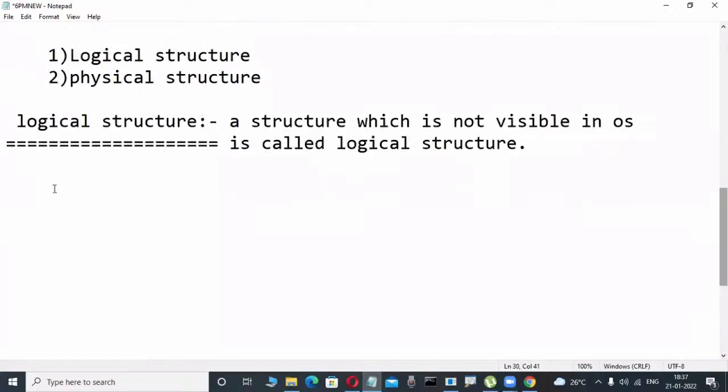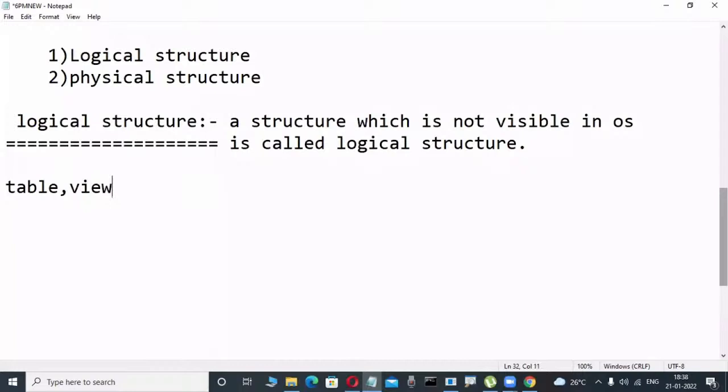But in this logical structure only, developers are working. Suppose I'm a PL/SQL developer, you are a SQL developer, Java developers, .NET developers, Python developers, ETL developers. These all persons are working in a logical structure. That logical structure contains tables, in Oracle or SQL Server, also tables are there. MySQL also has tables.